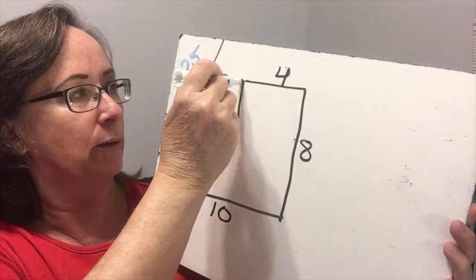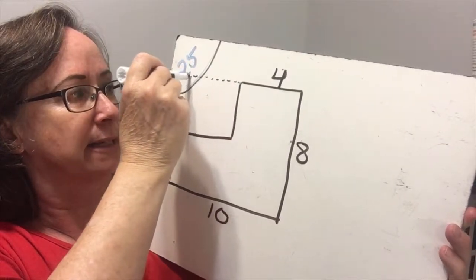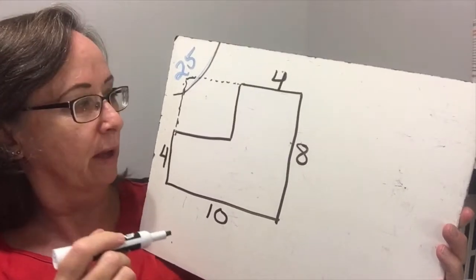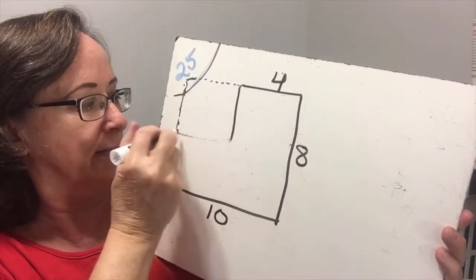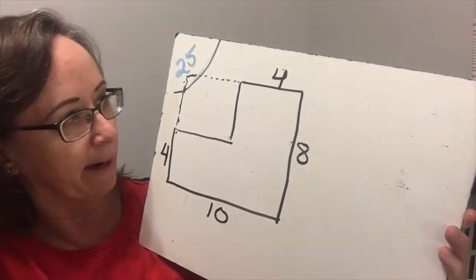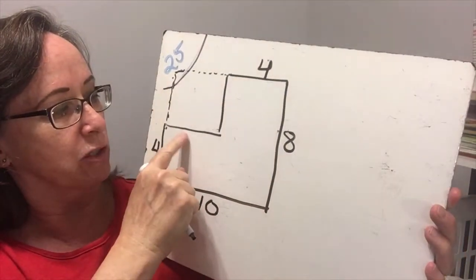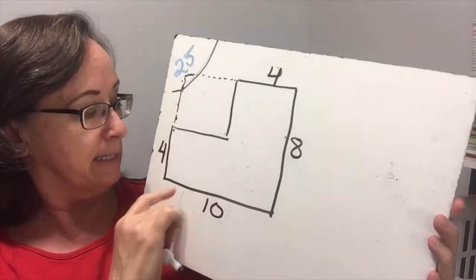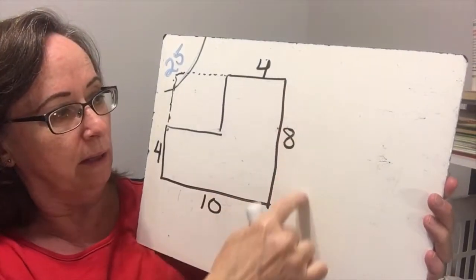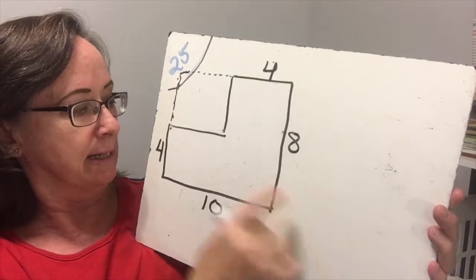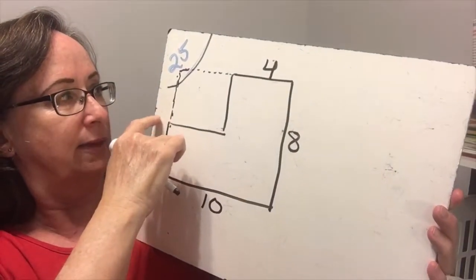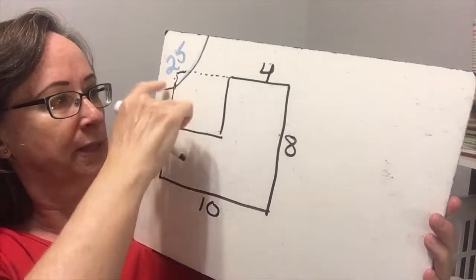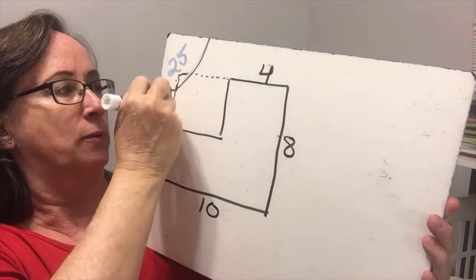We're going to go ahead and extend this to make it one big triangle. Okay, excuse me, that's not a triangle, that is a rectangle. All right, so now we can determine this length and this length by subtracting. So if this whole height is 8 and this is 4, this has got to go up another 4, doesn't it? So 4 plus 4 is 8, so this must be 4.